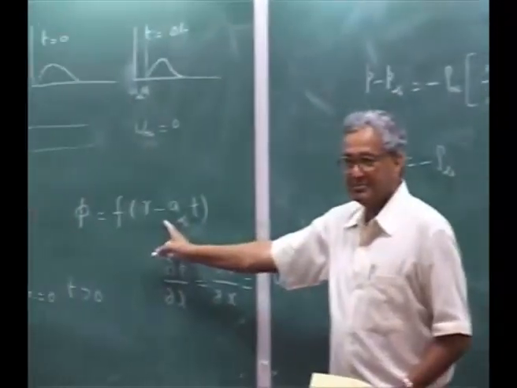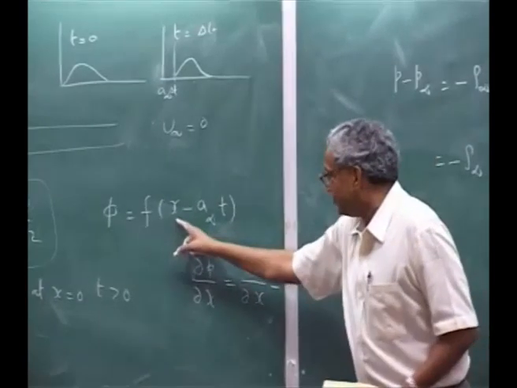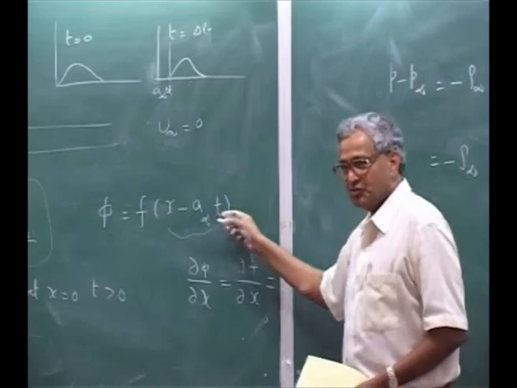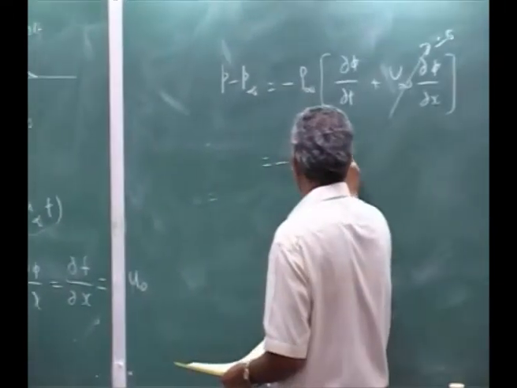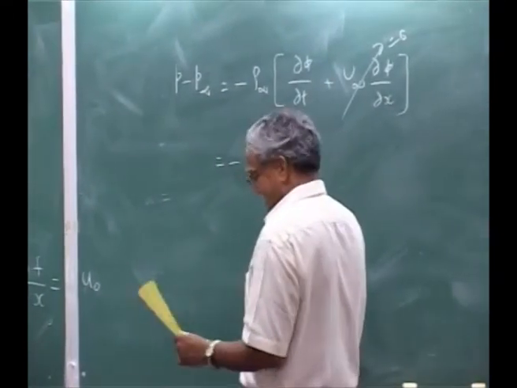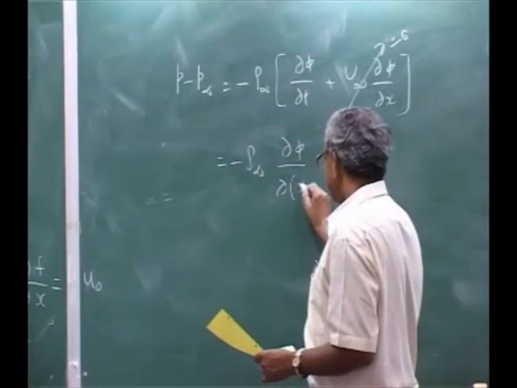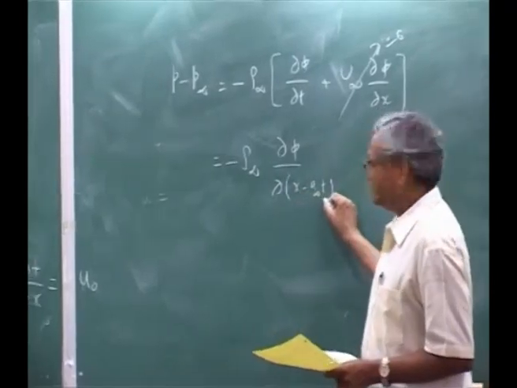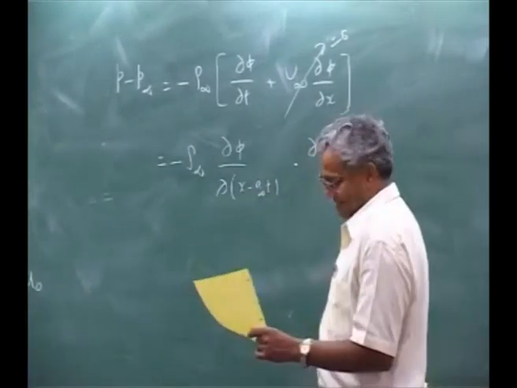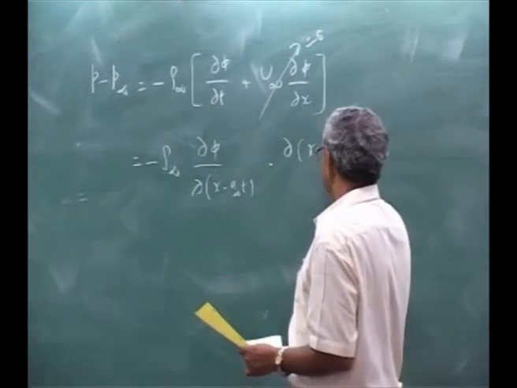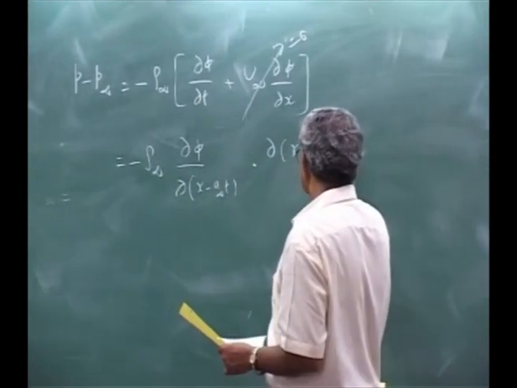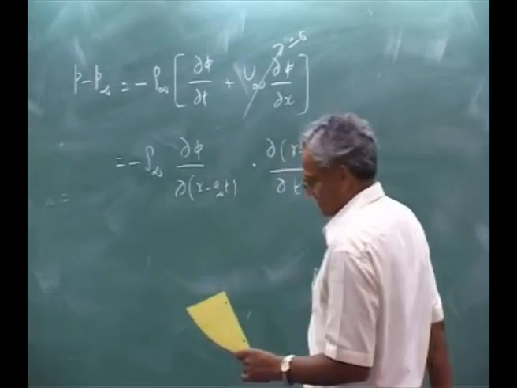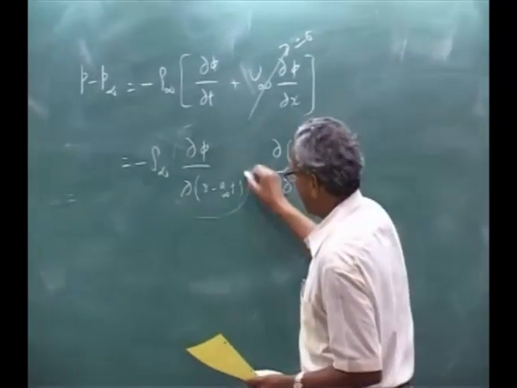Delta phi by delta t will be delta phi over delta of x minus a infinity t, which is one term, into delta of x minus a infinity t over delta t.